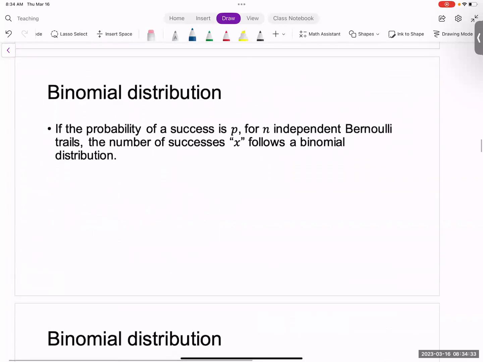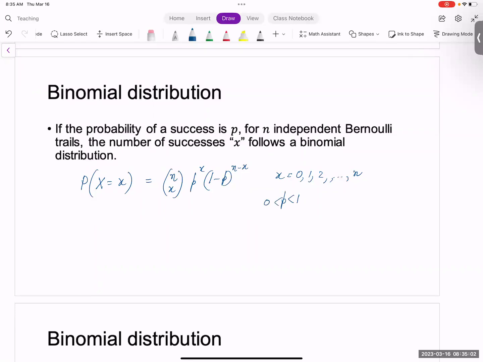So let's define the binomial random variable. Again, we are interested in X taking the value little x. This is equal to n choose x, p raised to the power x, 1 minus p raised to the power n minus x. Okay, and x is the number of successes, right? So it can be 0, 1, 2, all the way up to n. And then p is always between 0 and 1.